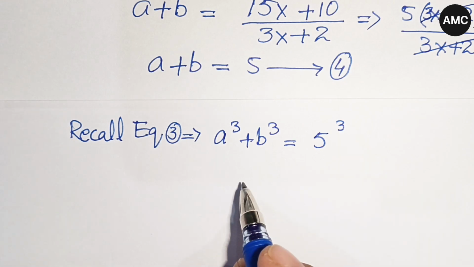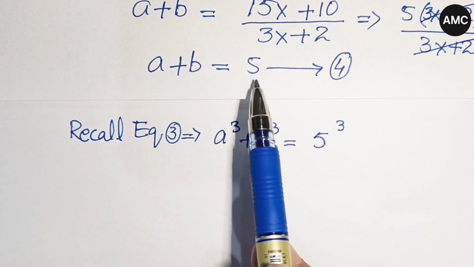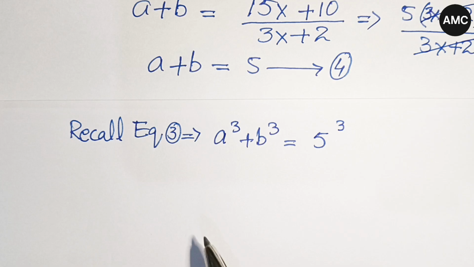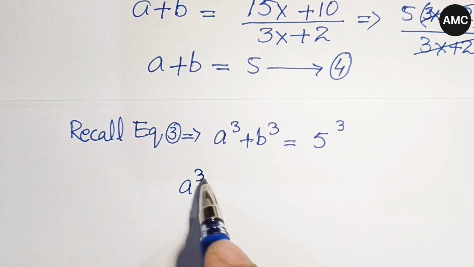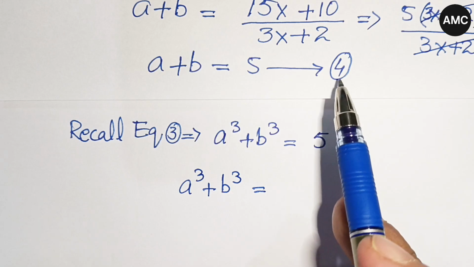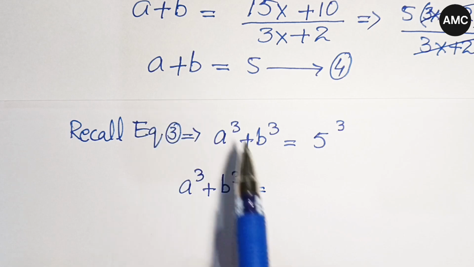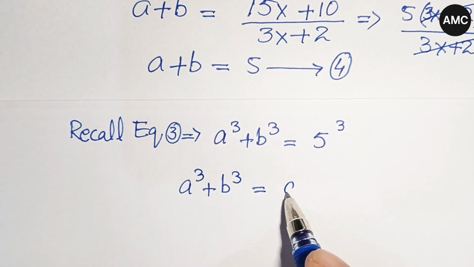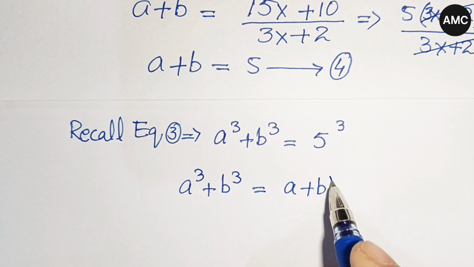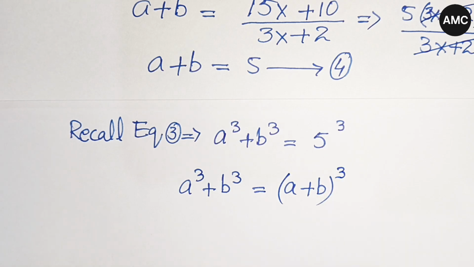Here if we just take this value of a plus b, which is equal to 5, so here we have a cubed plus b cubed is equal to, according to equation number 4, this 5 is equal to a plus b. So putting this value of 5, which is a plus b, and here we have cubed, so a plus b whole cube.